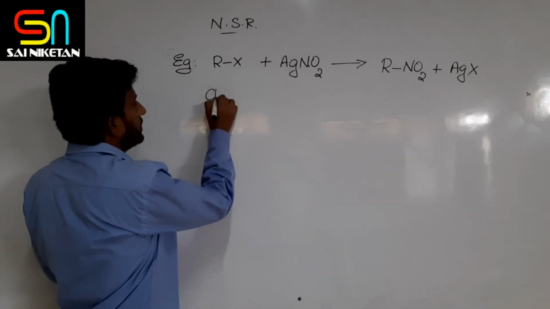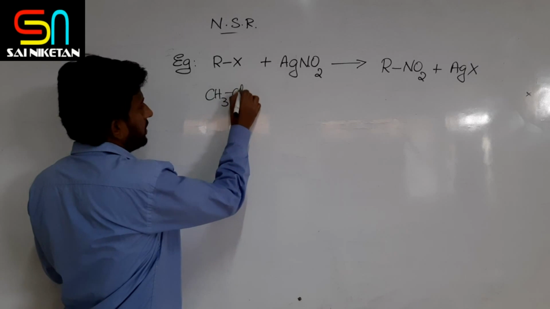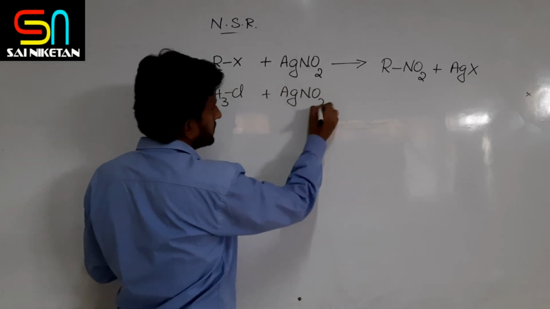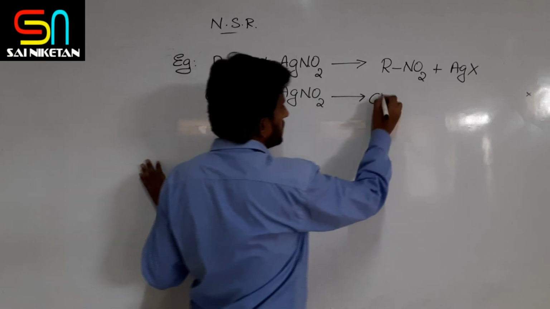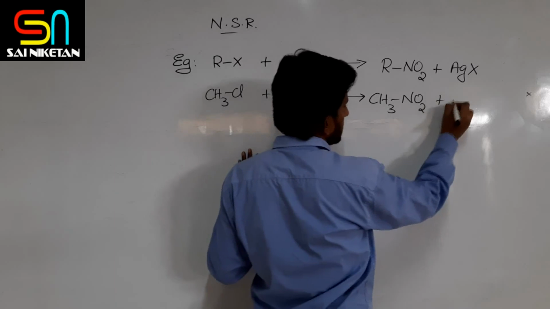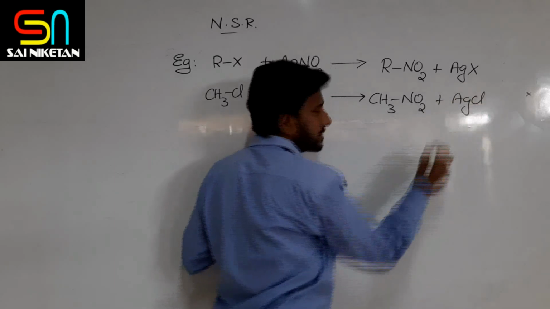Example, CH3Cl plus AgNO2 gives rise to CH3NO2 plus AgCl. This is one substitution reaction.